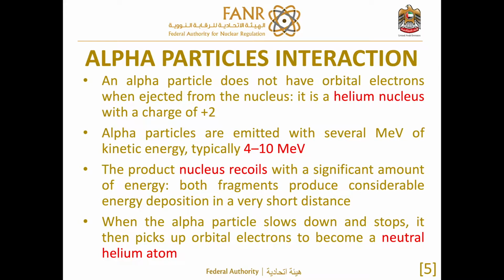Of course, at the end of their path, alpha particles will slow down and stop eventually, picking up 2 electrons from the surrounding materials and becoming a neutral helium atom.